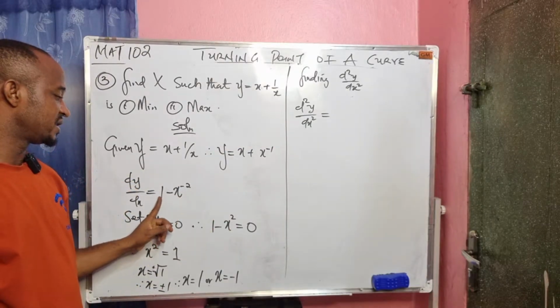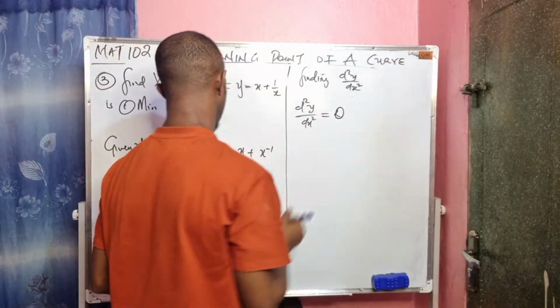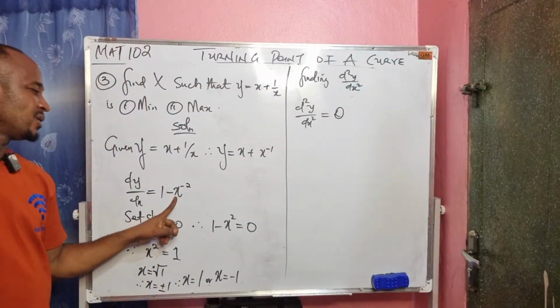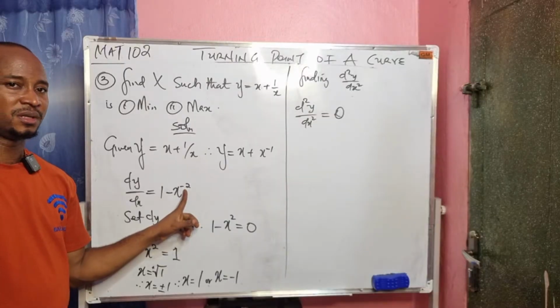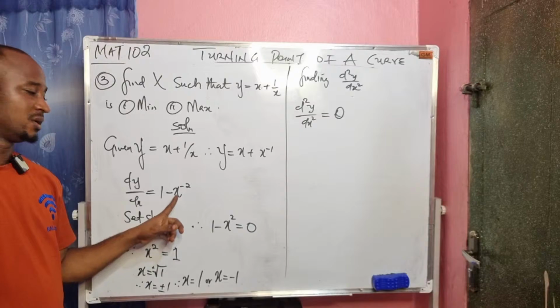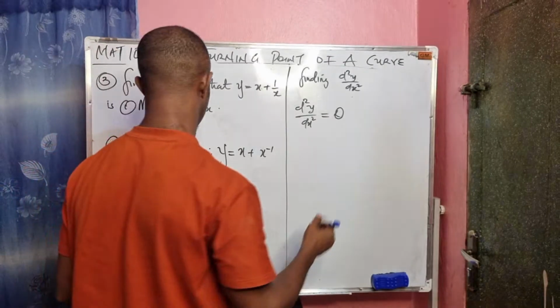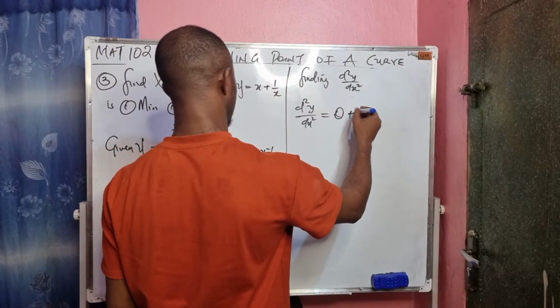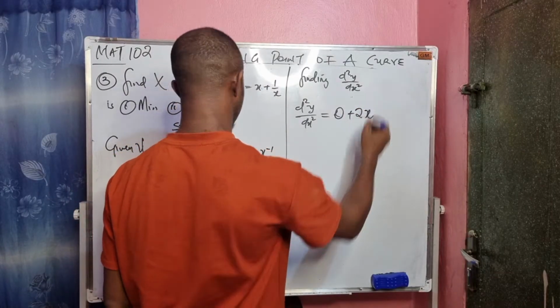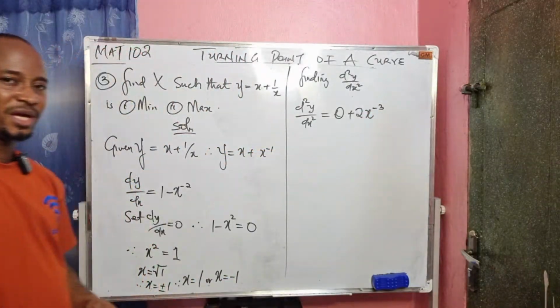When you differentiate 1, the answer is 0. All right, so we have 0. When you differentiate this, here we have minus x to the power of minus 2. The power law says I'll multiply the power by the coefficient of this x. So minus 2 times minus 1 will give us plus 2x, all to the power of minus 3. Why do we have plus?